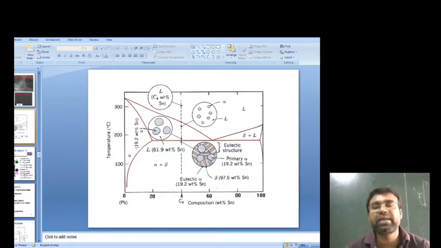So we have the data: C alpha is 18.3, C liquid is 61.9, and C naught is also 61.9, which is here, the overall composition.